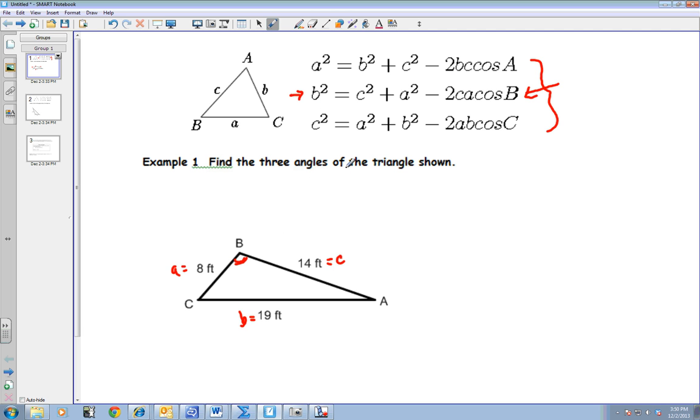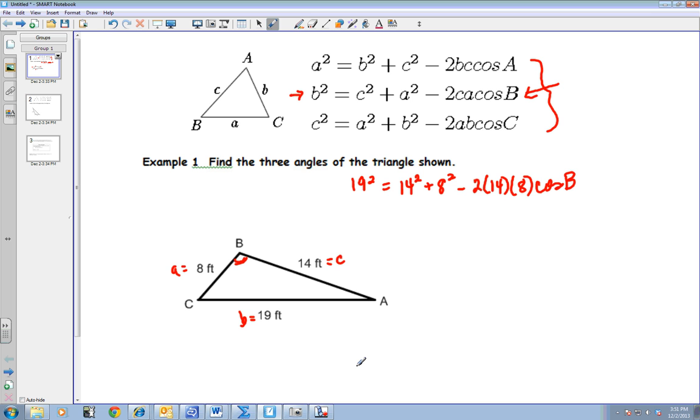So it says B squared. So 19 squared equals C squared, which is 14, plus A squared, which is 8, minus 2 times C times A times the cosine of angle B.